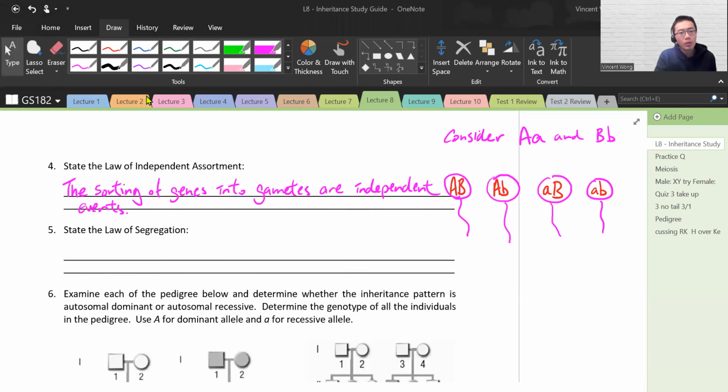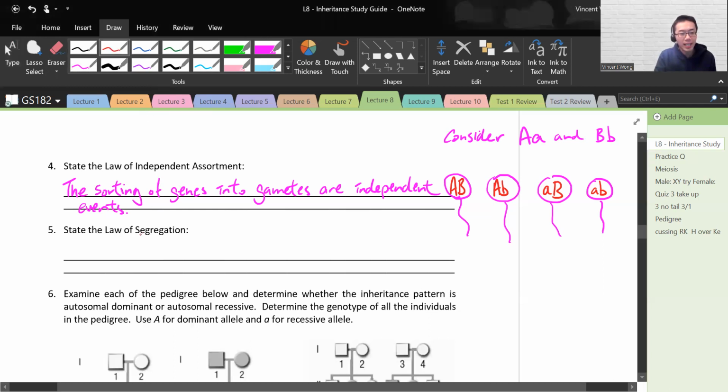He has the second law, which is the law of segregation. Okay? This one is pretty straightforward. It states that diploid cells contain a pair of alleles. Alleles are different versions of a gene.